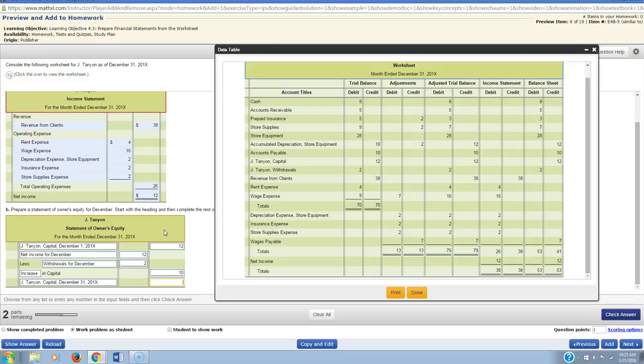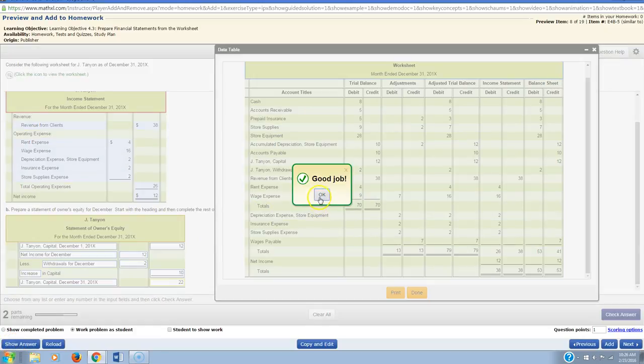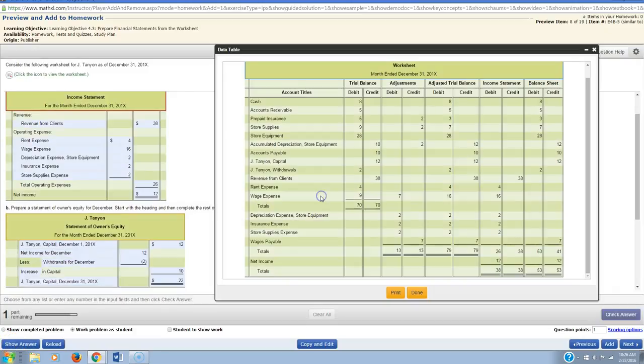Okay, so that's going to give you the 22 or the 32. Okay, check that. No, 22. What am I talking about? Okay, so we're good. But let's just check to make sure I didn't goof it up. I'm good. Click OK.